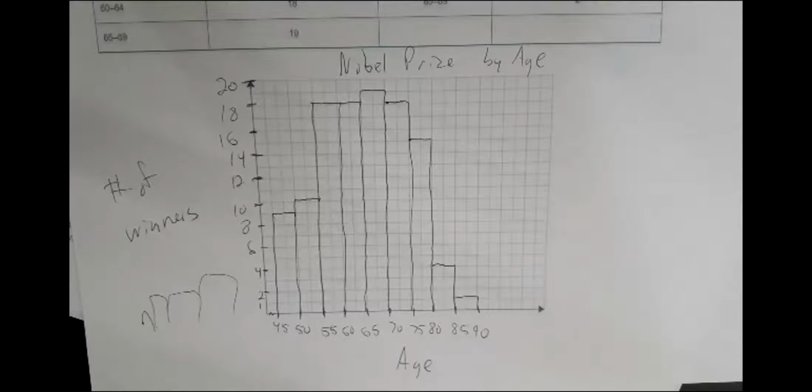And hopefully it makes a little sense why it wanes off at the age of 80. They're not living this long, right? But I would say that most people are doing their Nobel Prize work probably later in life, right? It looks like there are not so many young people. More like when you get into middle age, seems like when people are really starting to get their life's work recognized, probably, huh?